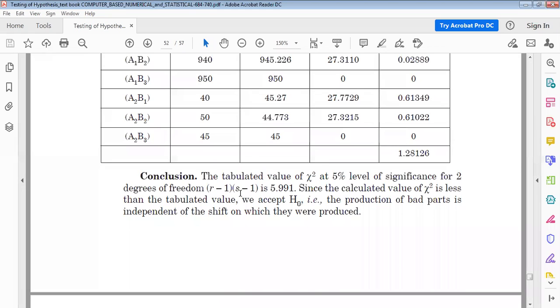That means (3 minus 1) into (2 minus 1) equals 2. So at 2 degrees of freedom, the value of chi-square at 5% significance level is 5.991. Since the calculated value of chi-square is less than the table value, we accept the null hypothesis. That means the production of bad parts is independent of the shift on which they are produced.